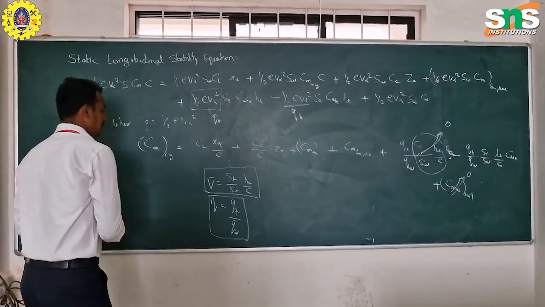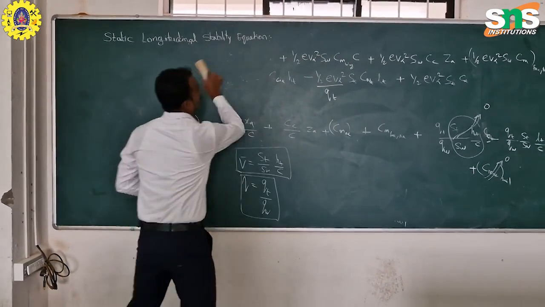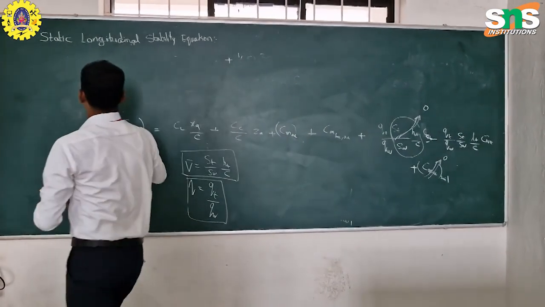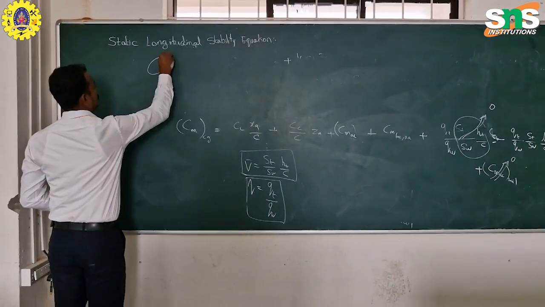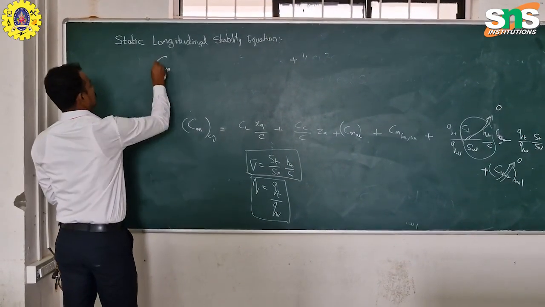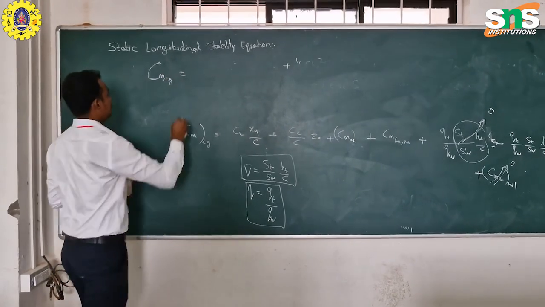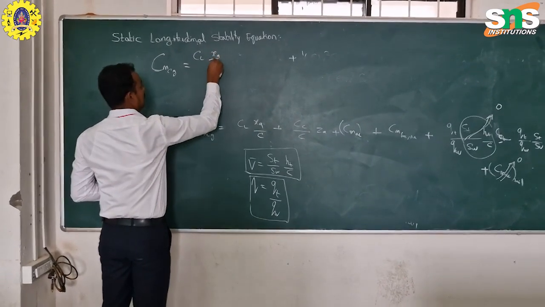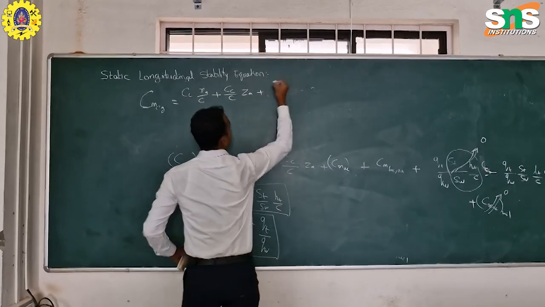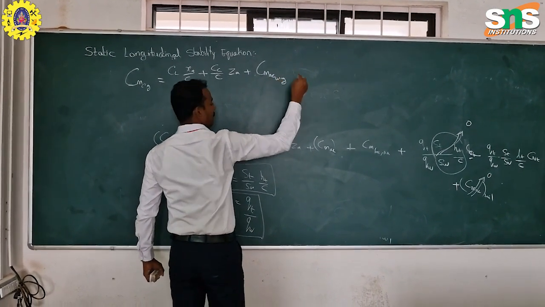So finally we are getting the C M C G equation, that is C M C G, the coefficient of moment at C G in equilibrium condition: C L by X C A by C, plus C C by C Z A, plus C M aerodynamic center of the wing, right?